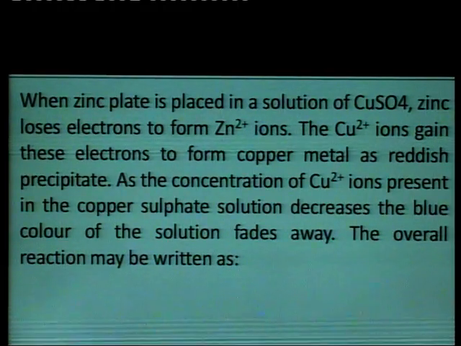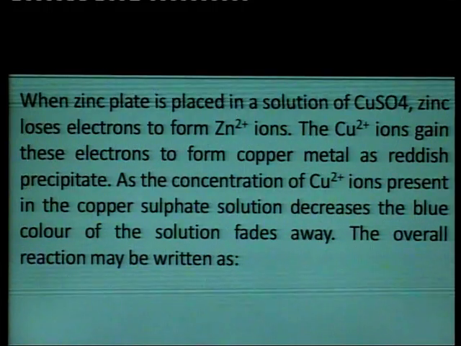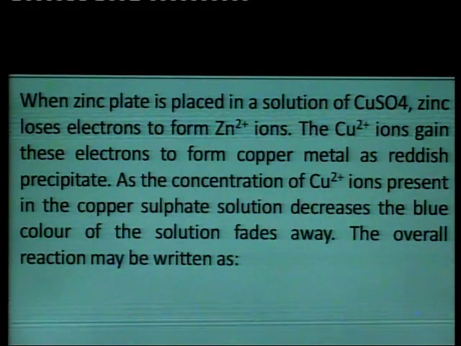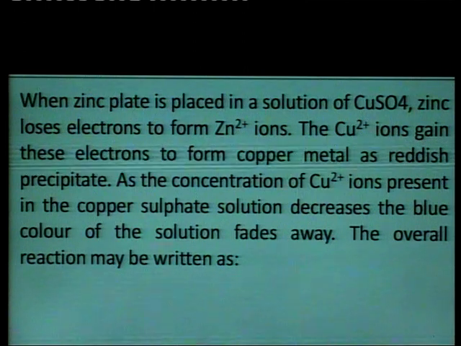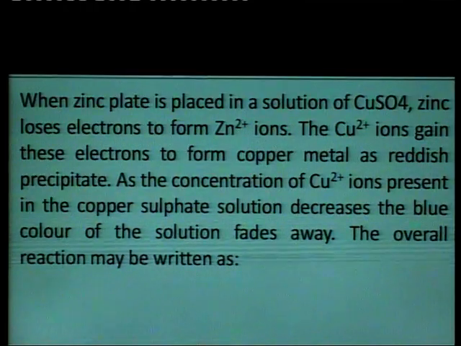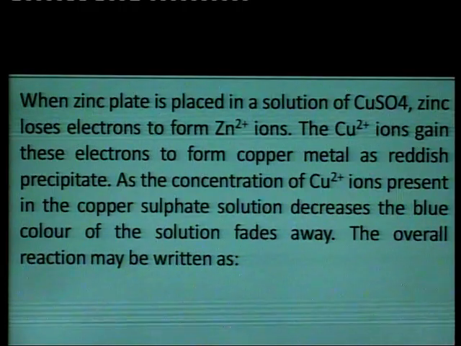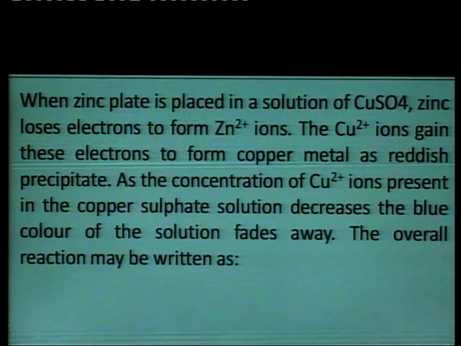So, this is again the explanation of the first and second point. When a zinc plate is dipped in the solution of copper sulphate, it loses electrons to form zinc ions, and copper ions gain these electrons to form copper metal as a reddish precipitate. As the concentration of copper ions present in the copper sulphate solution decreases, the blue color of the solution fades away.